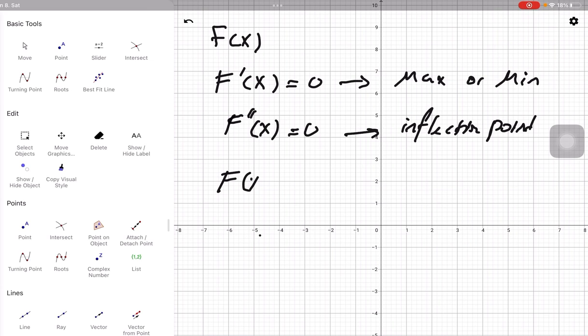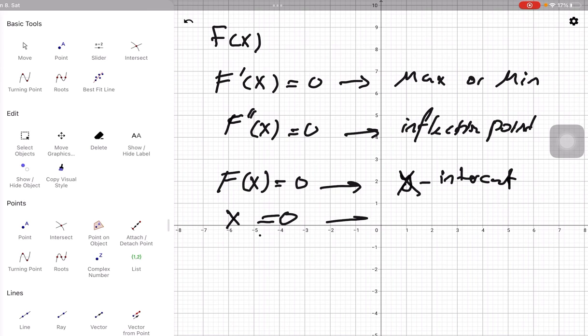When we have f(x) equals 0, it will be the y-intercept. And when we have f prime x, it is an x-intercept. And when we have x equals 0, in this situation it will be the y-intercept.